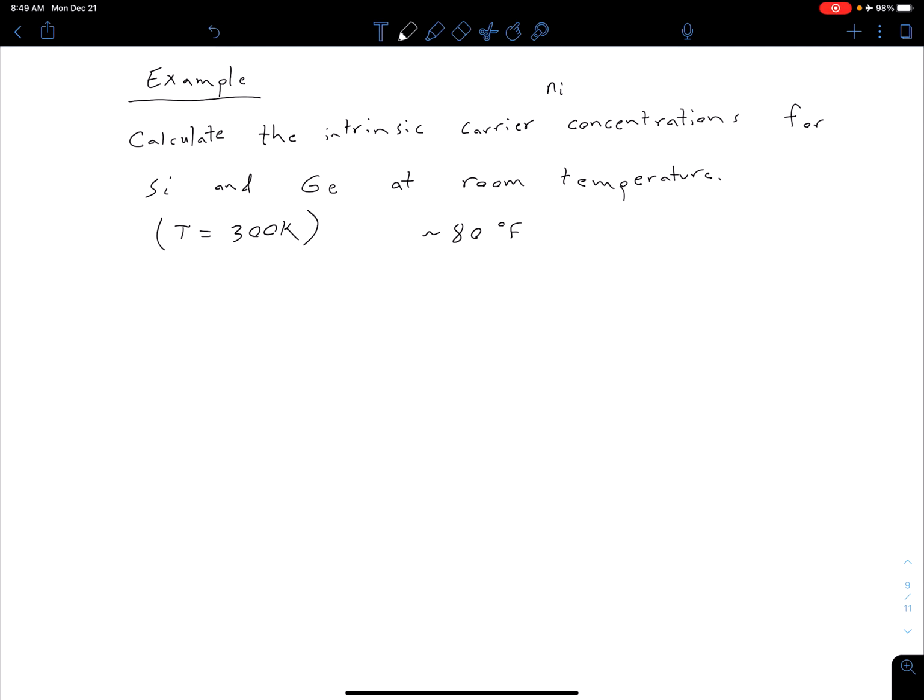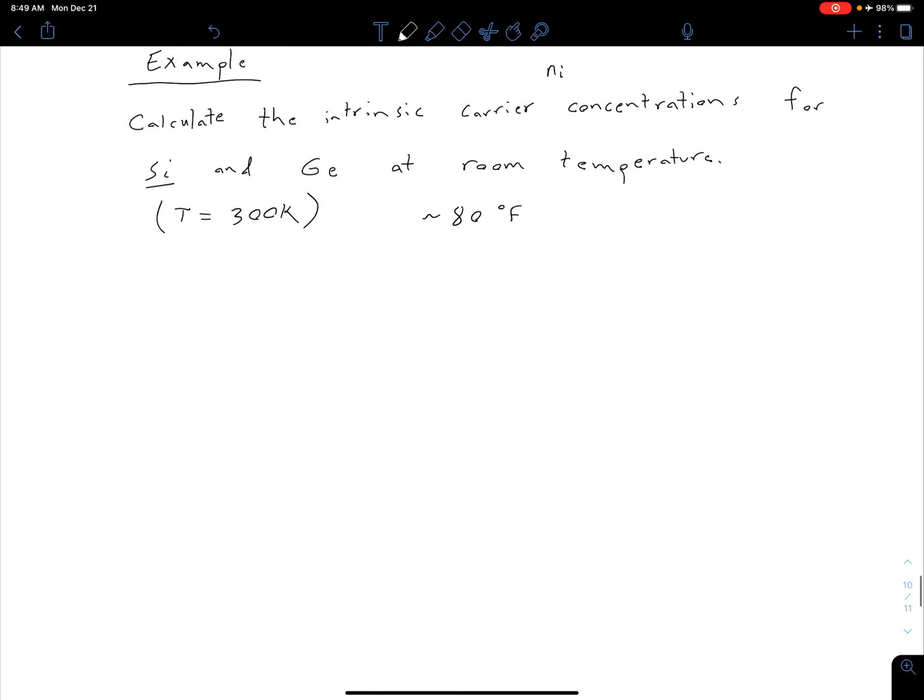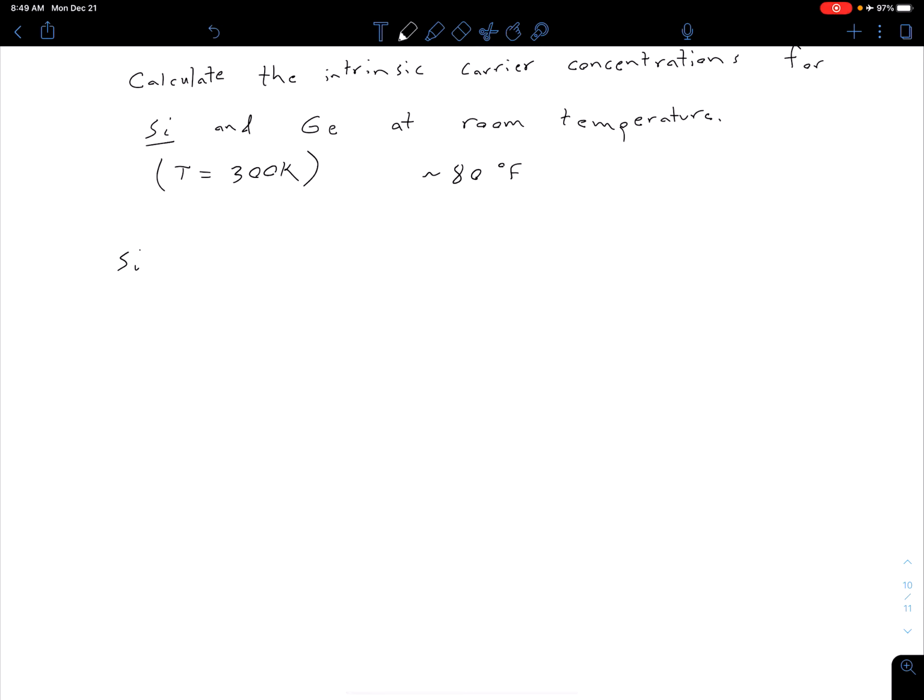So let's start by looking at our N sub i for silicon. We are just going to go to that equation we had. N sub i is equal to our B value, which was a constant. From our previous video, this was 5.23 times 10 to the 15th, and the units on that are per cubic centimeter Kelvin to the minus 1.5.